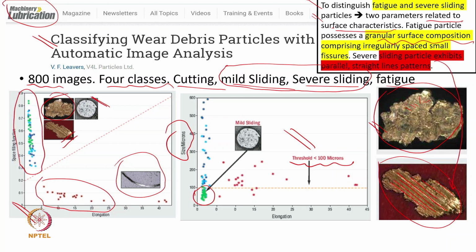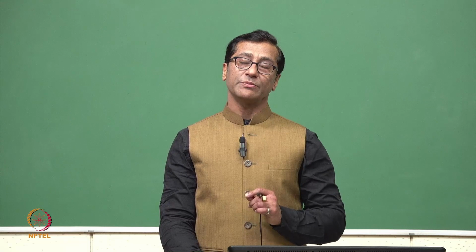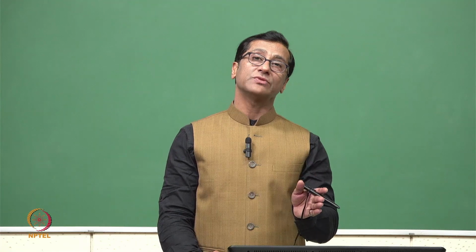We are finding the straight line, but the question comes, how can the computer find those? Naturally we need to design parameters, we need to embed those parameters, then only will the results be favorable to us. That's why we say there is a considerable overlap between the fatigue and severe sliding particles. And then sometimes we also find transition. Fatigue wear is leading to sliding wear, sliding wear leading to fatigue wear.